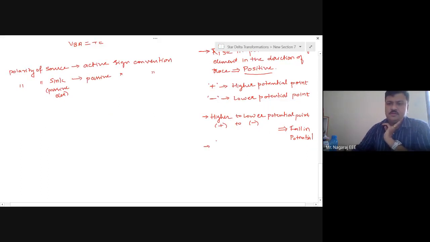And lower to higher potential point, minus to plus, this is rise in potential.